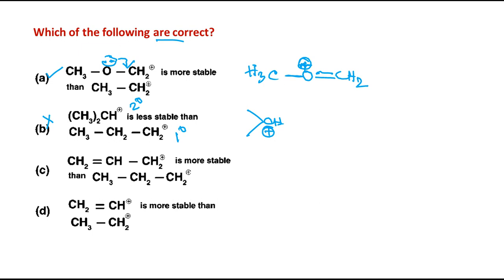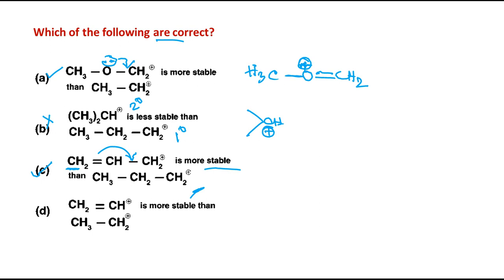Basically it is the allyl carbocation, CH2=CH-CH2+. This double bond can be shifted, and the left hand side carbon will now carry the positive charge. But this type of effect is not possible in the second one. So that is why the first carbocation is more stable, as it is written here. That is actually correct. So this is fine. We should also consider this as a correct answer.